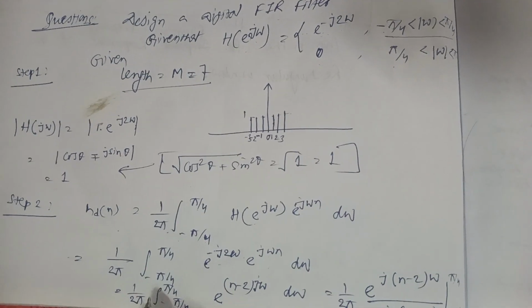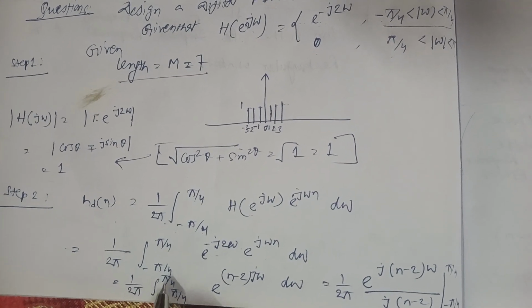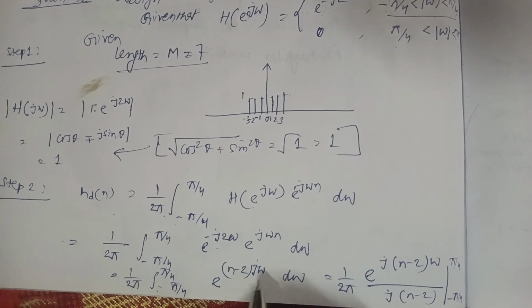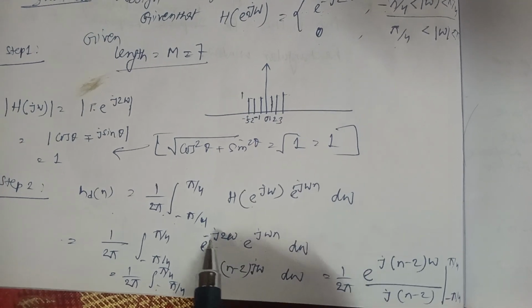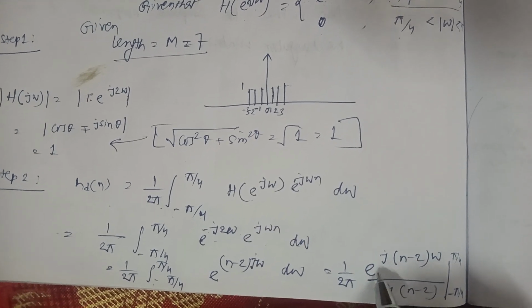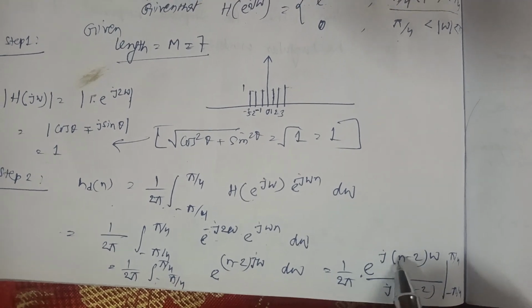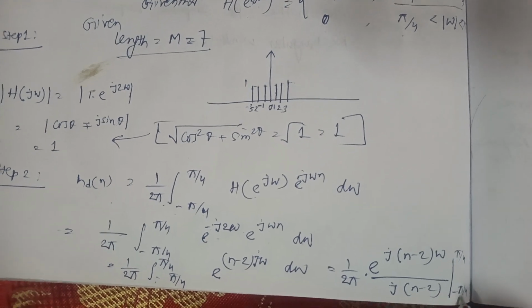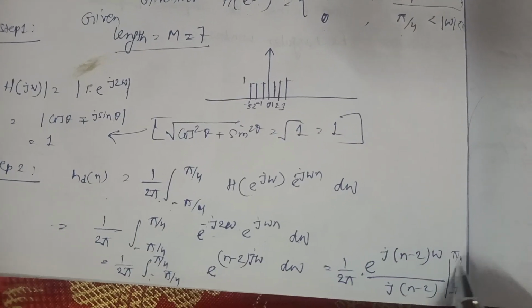So finally it equals 1 by 2 pi integration from minus pi by 4 to pi by 4 of e to the power j into n minus 2 omega d omega, which equals 1 by 2 pi into e to the power j into n minus 2 omega by j into n minus 2, with limits minus pi by 4 to pi by 4.